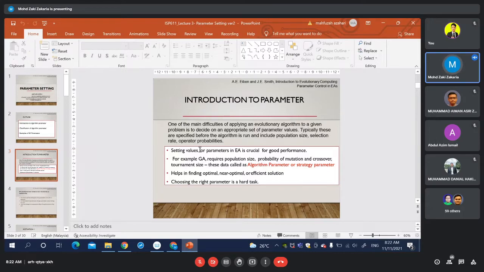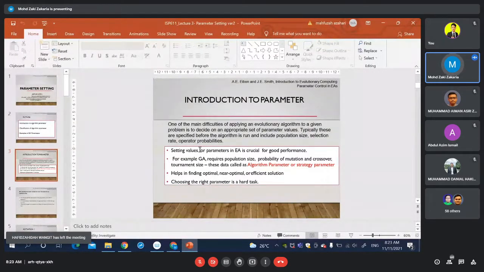The parameter setting by experiment means, first experiment, we set maybe number of iteration 1000, then we run. The second experiment we increase to 2000 iterations, then we run, then we keep the result. And then third experiment maybe we increase to 4000, 5000, 500, for example.